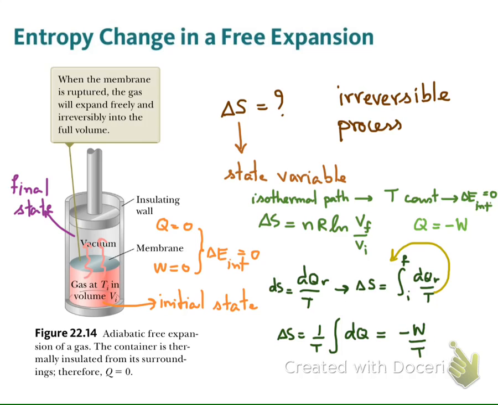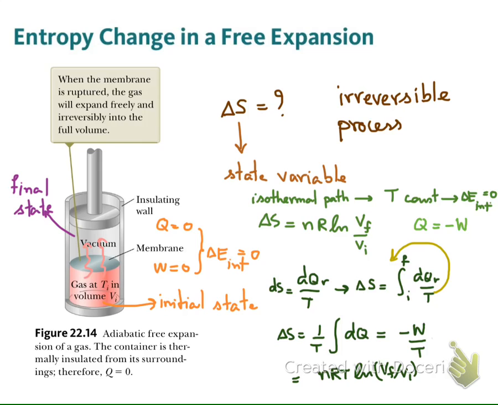And from the calculation that we have discussed in chapter 20, we can show that this is equal to nRT log of Vf over Vi.